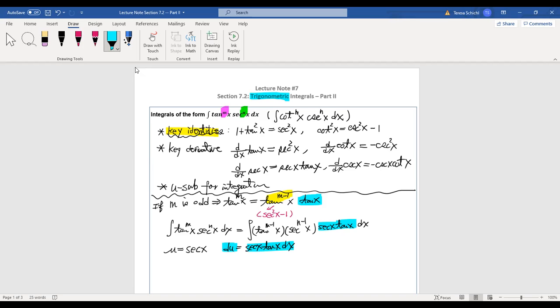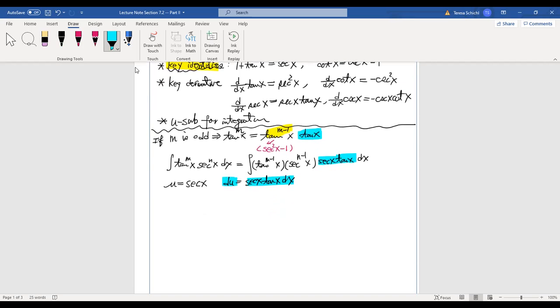Okay, that is the first situation. Now let's take a look at the second situation: if n is even, and I don't care what m is.